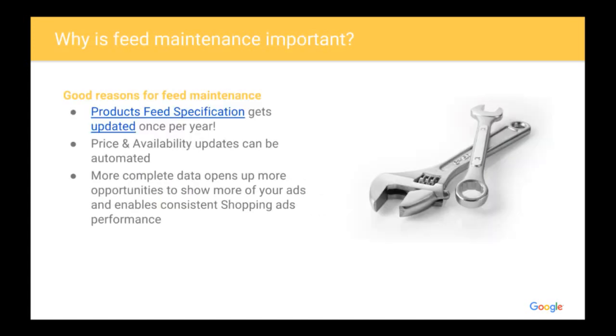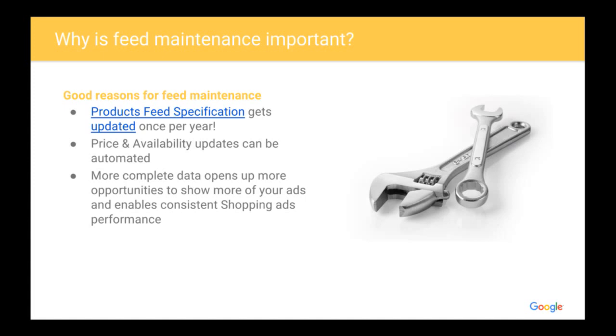So we had a good discussion about disapprovals, but why is feed maintenance important? It helps us deliver the best customer experience. And we know that what we require is changing all the time. As Casper mentioned previously, our product feed specification does get updated every year.